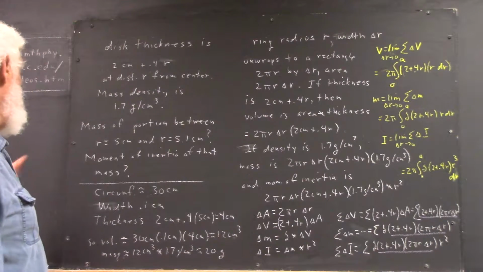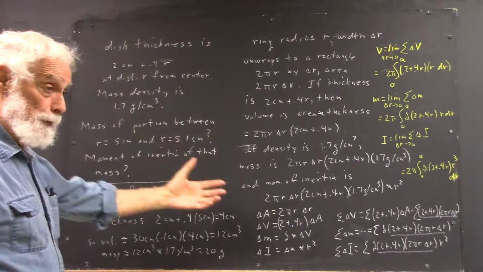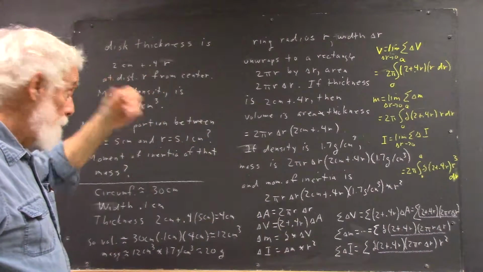Well, to find the mass, we know the density, we want to find the volume. If we find the volume of this thing, we can multiply by the density, we'll have the mass.